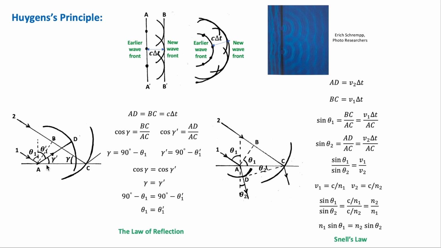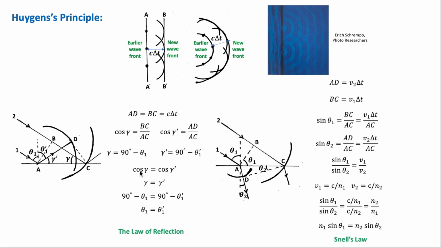At that time, the wavelet from A has arrived here, and the wavelet from B has arrived here, passing through C. And so the incident light is making an angle gamma to the surface.